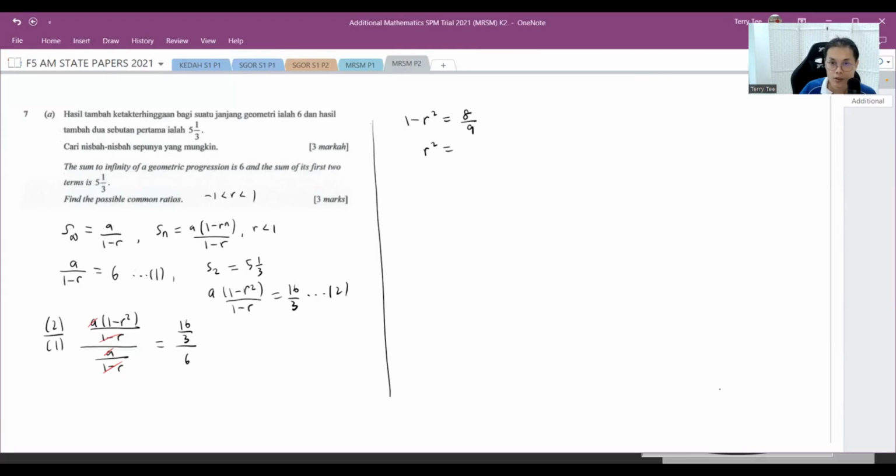So r squared is 1 minus 8 over 9, which is 1 over 9. When we square root it, there's always a plus minus. The question asks for possible common ratio, so r can be plus minus 1 over 3. You can write separately, negative 1 over 3, comma 1 over 3. That is the first part.